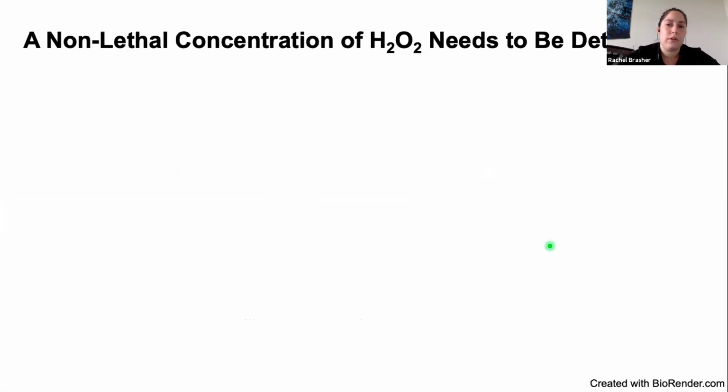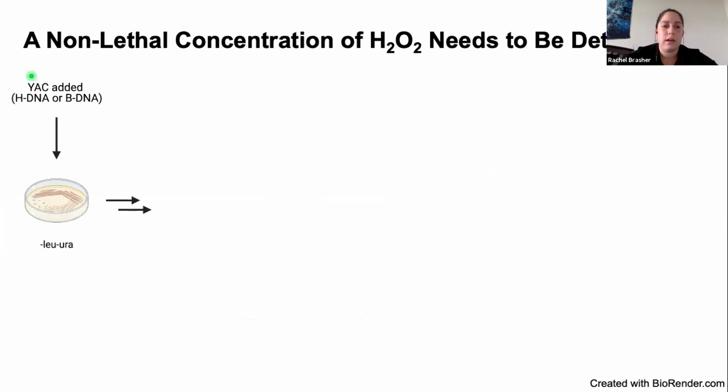So the protocol to compare mutation frequencies is an H-DNA forming sequence YAC and a B-DNA forming sequence YAC are added to solid media and grown in that, and then stressed with hydrogen peroxide in liquid media. So we have H-DNA or B-DNA either in the absence of hydrogen peroxide, so without, or in the presence of hydrogen peroxide, with it.